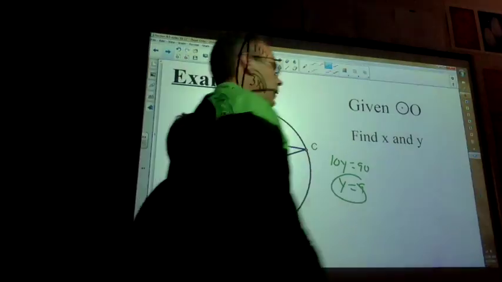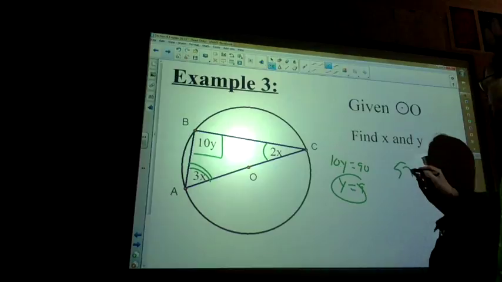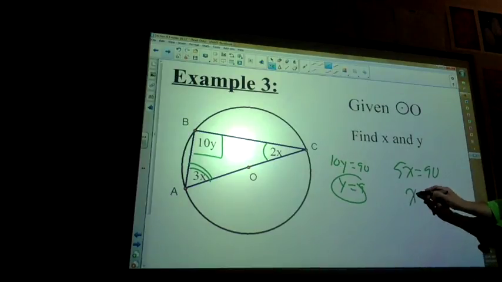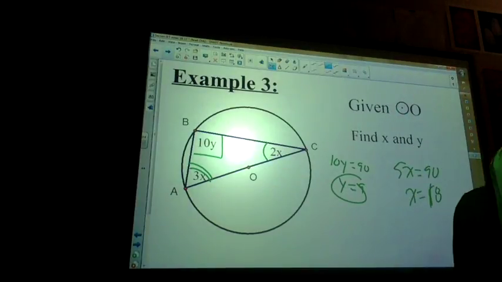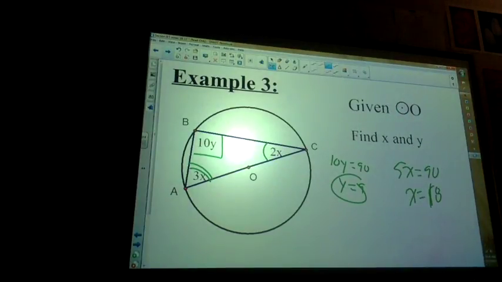So I get 2x plus 3x is 5x. 5x equals 90. So x is equal to 18. Why 90? Because if this is a 90-degree angle, then the other two angles have to add up to 90.